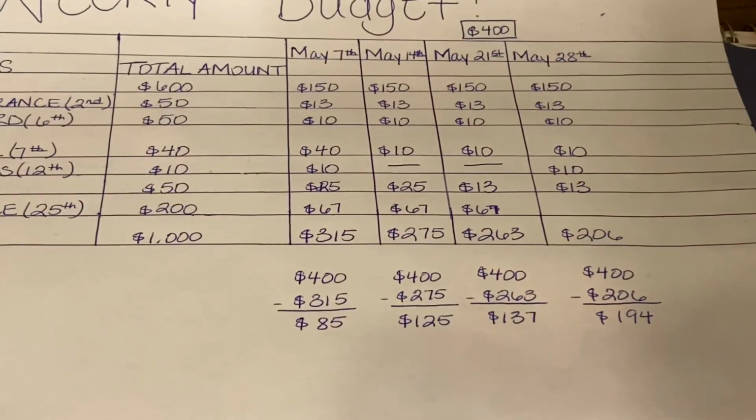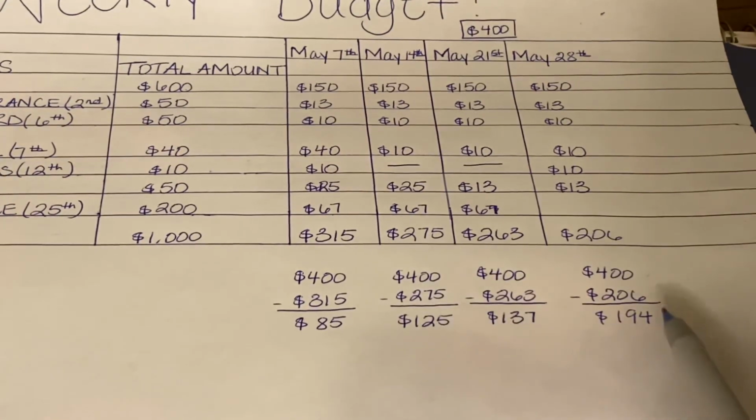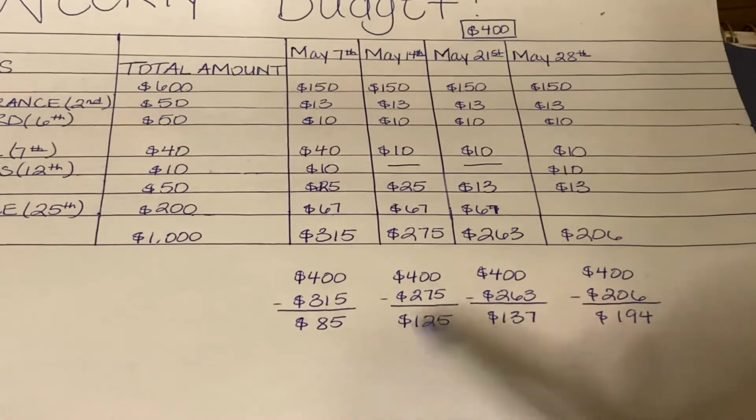So once we subtract the amount that we have to take out from the amount that we get paid, we see what we're left with for our sinking funds for that week. So these numbers here will determine what we will take out for each week.